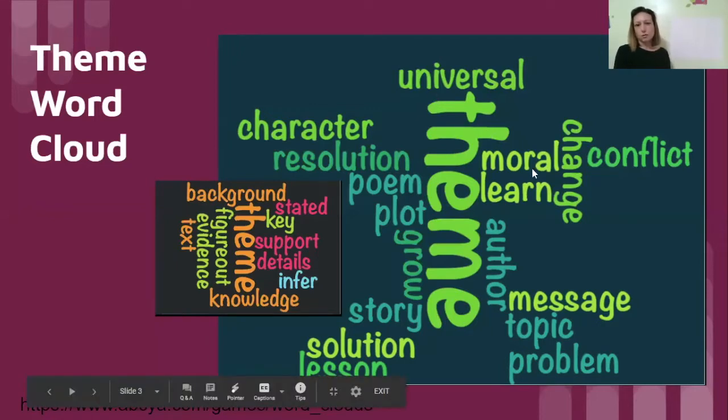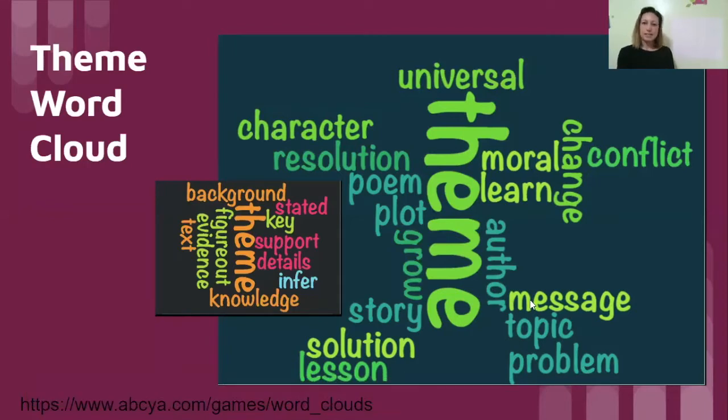It is the moral. It is the message or the lesson. It's what the character can learn or how the character changes. We're looking at the conflict and the resolution. Could be a poem. It's the author's message. We're thinking about the topic. Problem is another word for conflict.